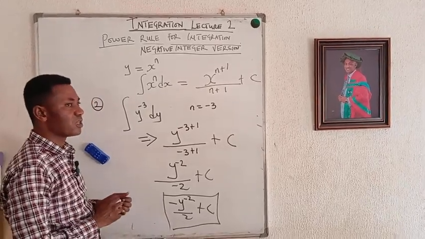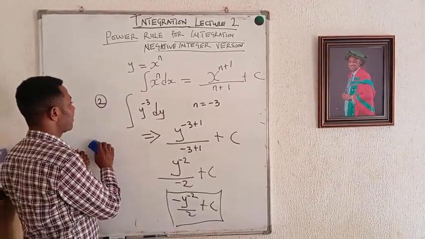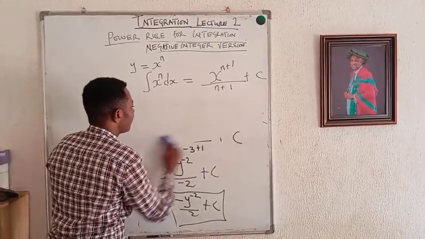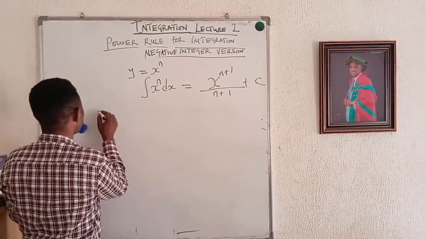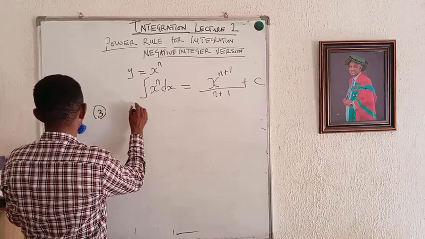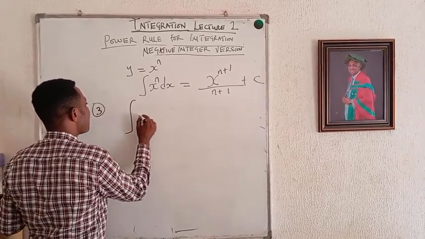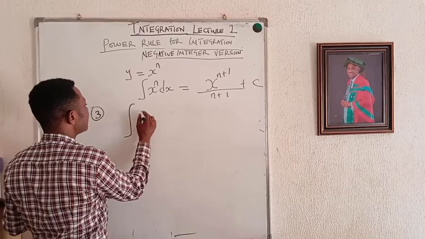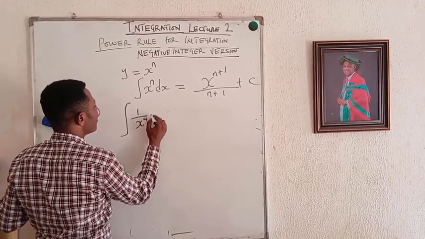Now, let us proceed to number 3. Let's consider another example: integrate 1 all over x power 4 dx.